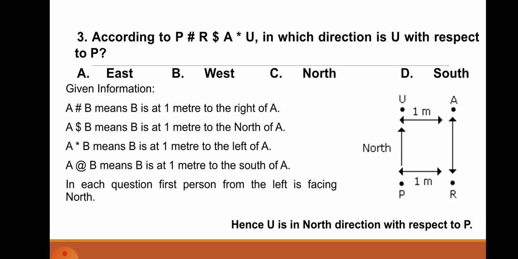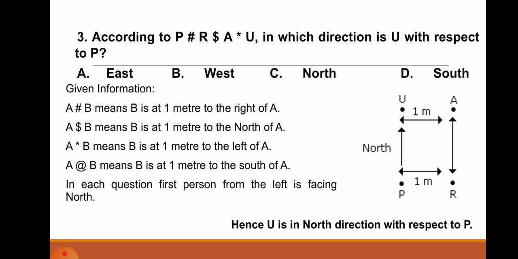So we have got P and R. Then R dollar A means A is 1 meter to the north of R. So from the R point towards north, plot the A point at 1 meter.